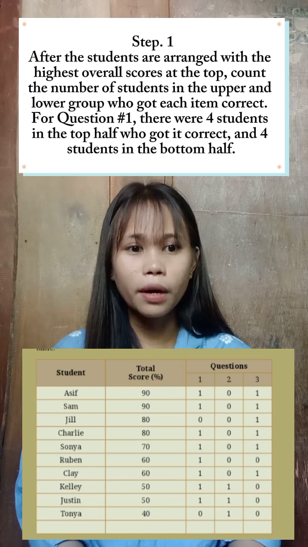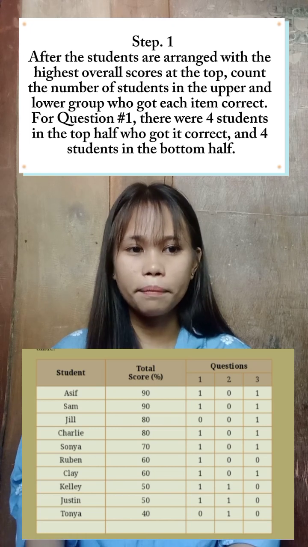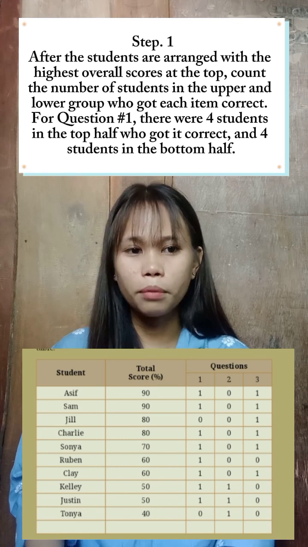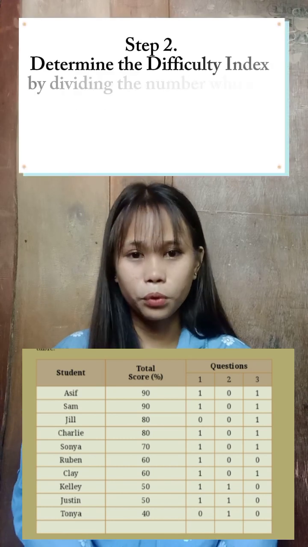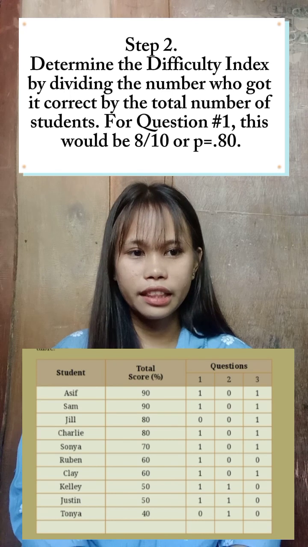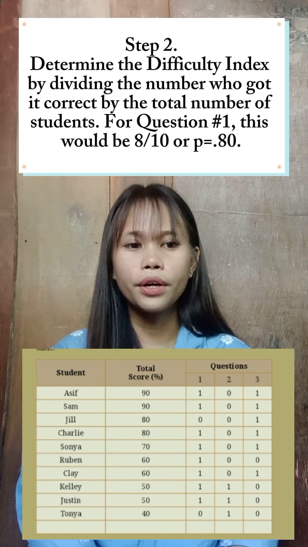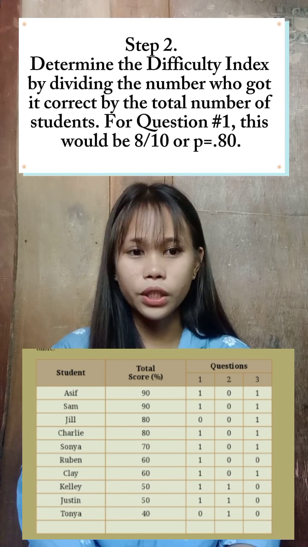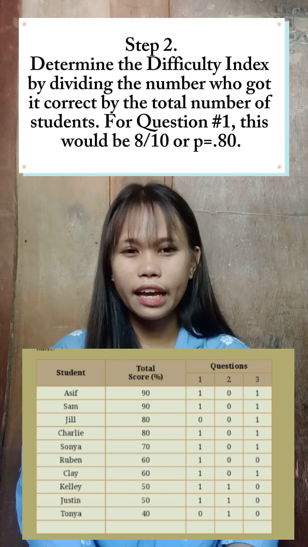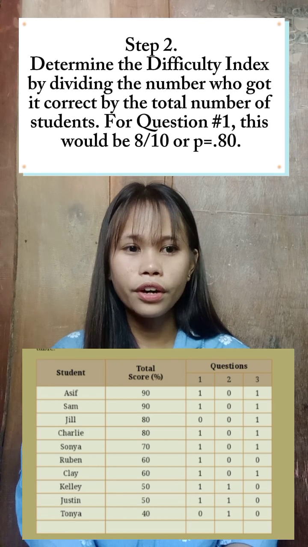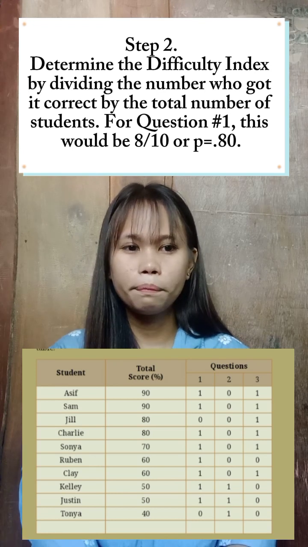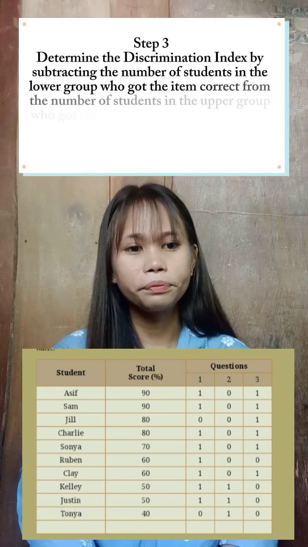For question number 1, there were 4 students in the top half who got it correct, and 4 students in the bottom half. Step 2. Determine the difficulty index by dividing the number who got it correct by the total number of students. For question number 1, this will be 8 over 10, or P equals 0.80.